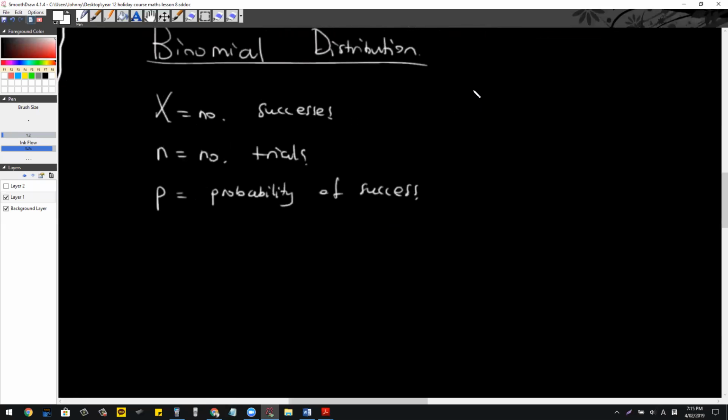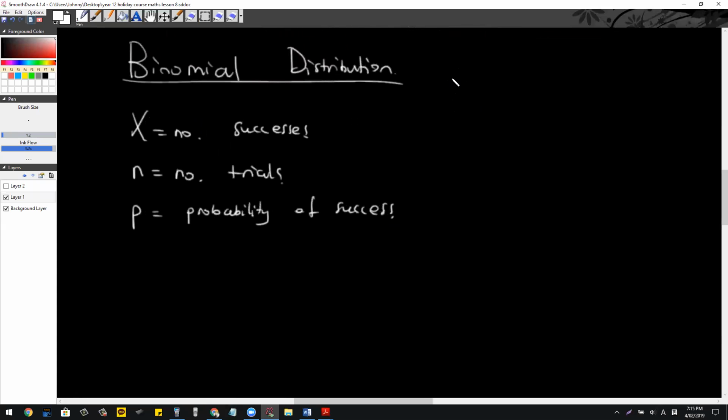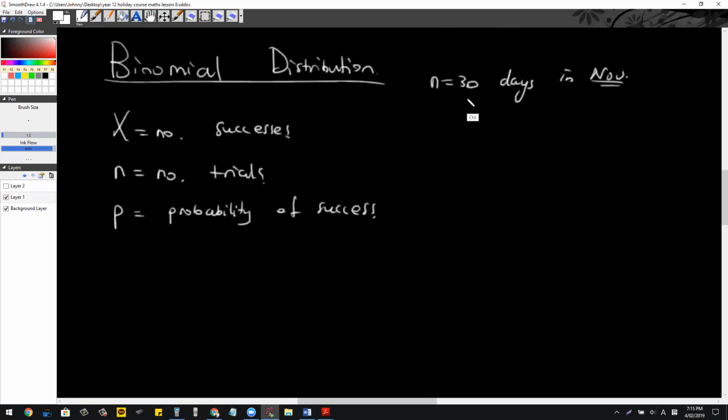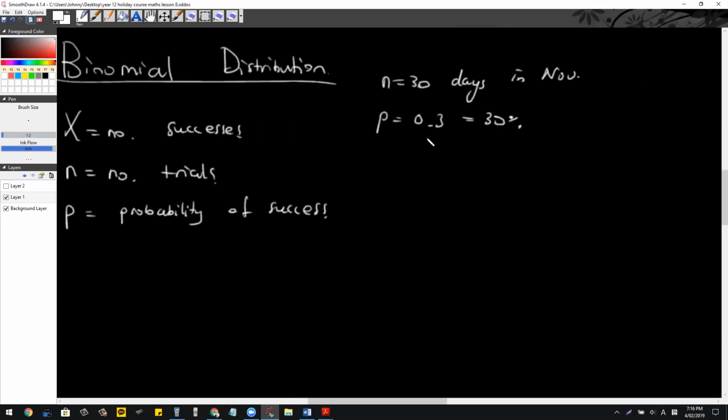Now, if there are 30 days in November, and the chance of rain is 0.3 every day in Canberra, so there's a 30% chance of raining in November in Canberra. For example, you may have no rain, rain, no rain, rain, rain, no rain, etc., ending with rain, rain, no rain.